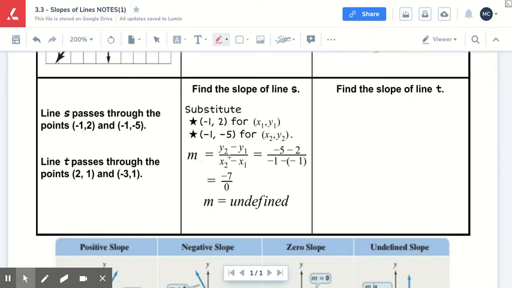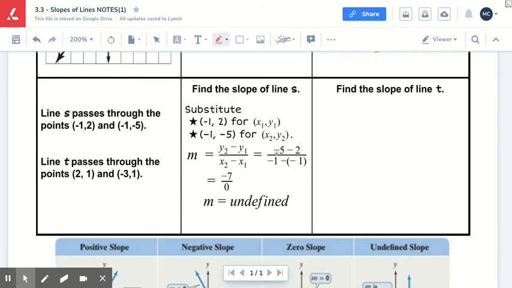So for our slope here, we use the slope formula still, y2 minus y1 over x2 minus x1. The y2 is -5. The y1 is 2. So -5 minus 2 on the top. On the bottom, x2 is -1 minus, and the x1 is also -1.